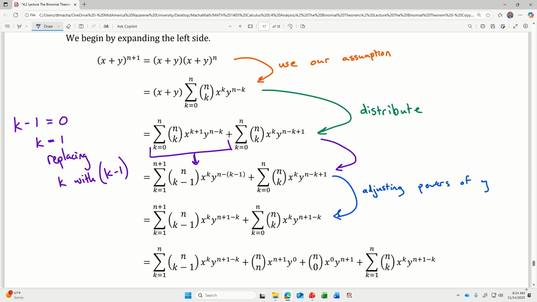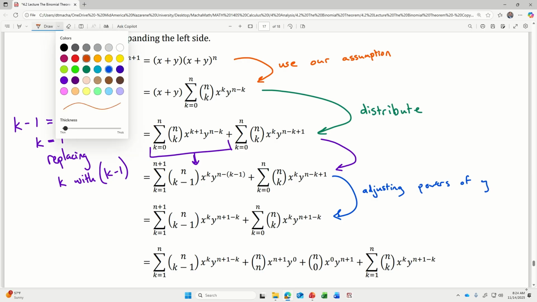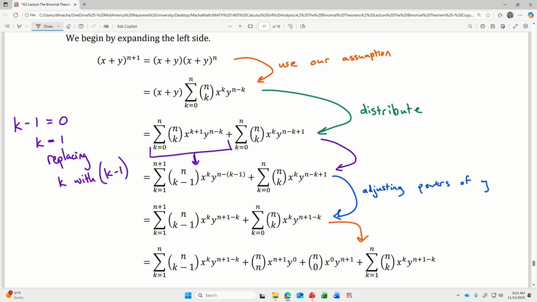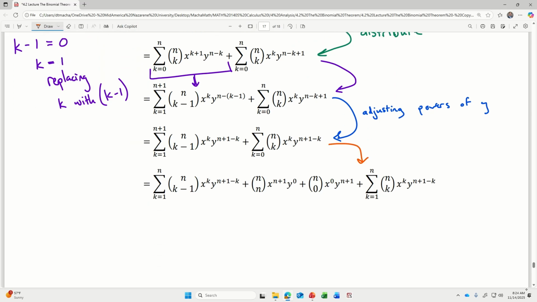All right, Rhett. Tell me what's happening when I go from here to here. This is another one that's kind of a challenge to understand, but what's happening in the orange step? Expanding it somehow.